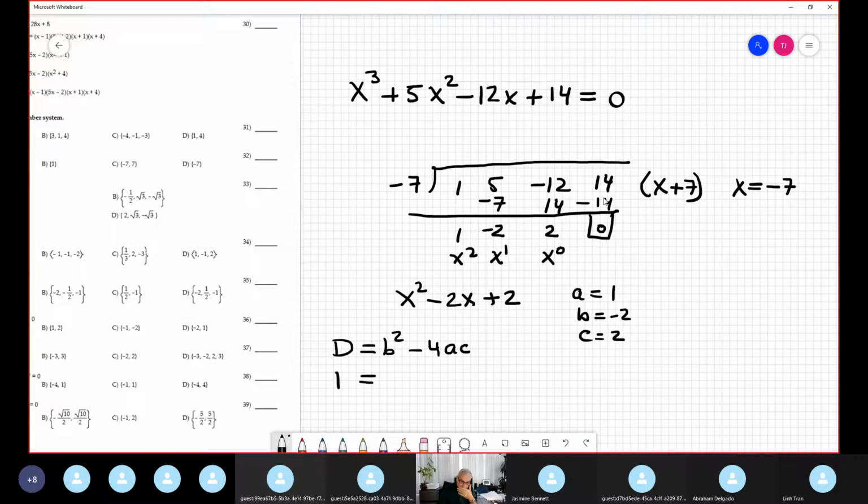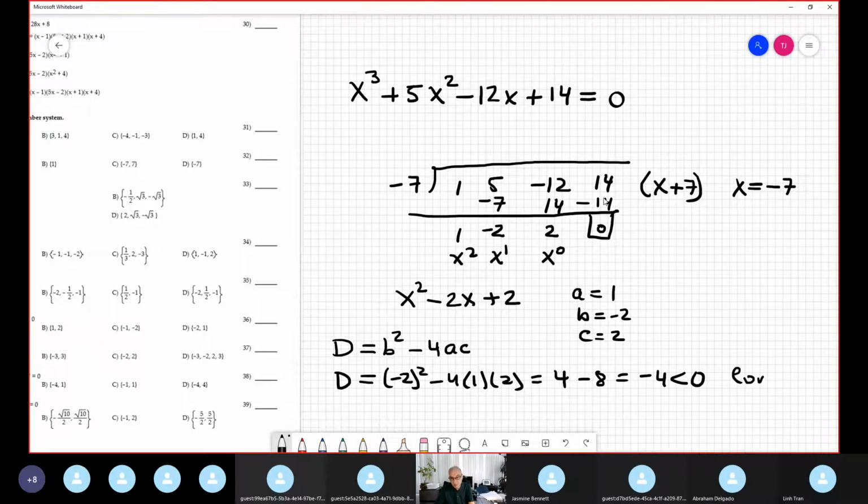When you evaluate the discriminant, is negative 2 squared minus 4 times 1 times 2. This is positive 4 minus 8, is negative 4. And when the discriminant is negative, that indicates we have complex solutions. That is the reason that you don't see any other real x-intercept in our decimals.